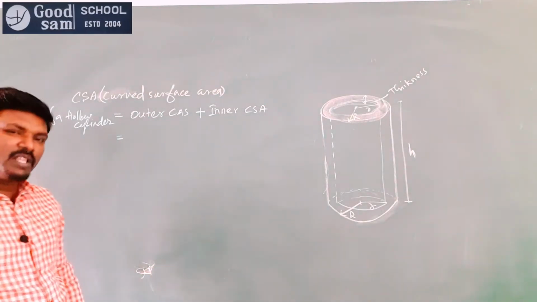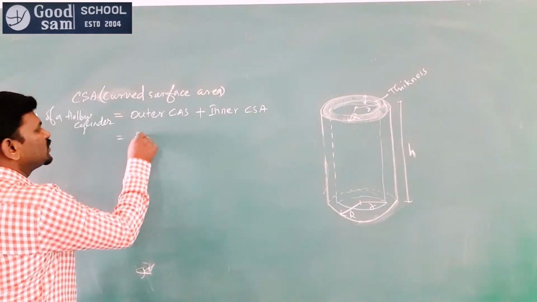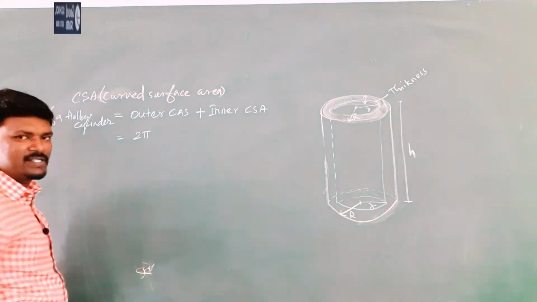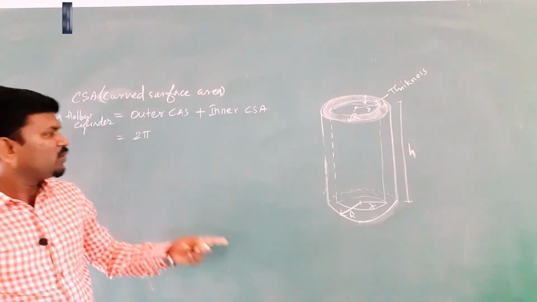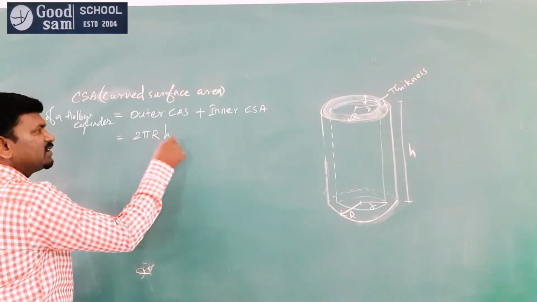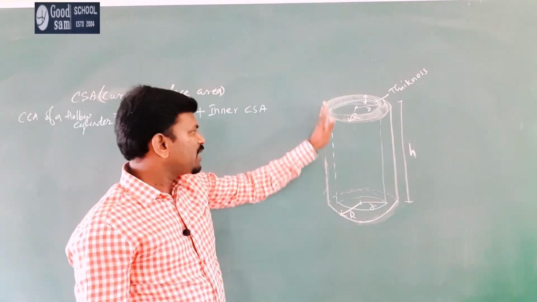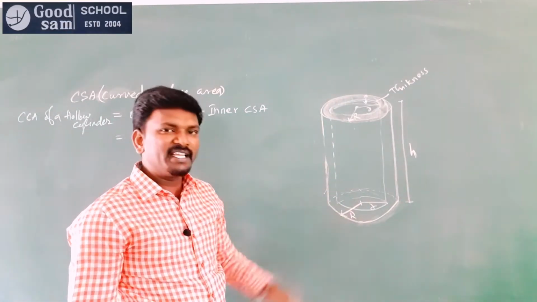We know the formula of CSA of a cylinder, that is 2 pi r h. Here for the outer surface area the radius will be capital R. 2 pi r h is the same for both inner and outer surface, the height will be the same, only the radius will differ.